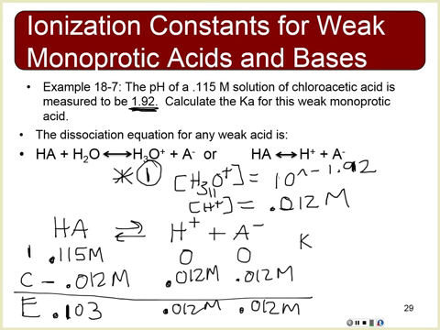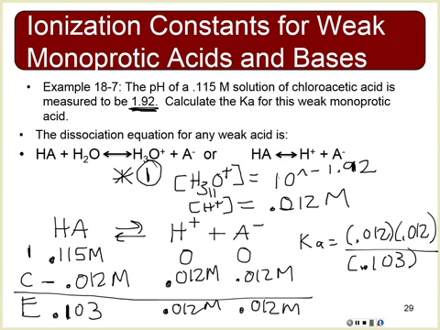It asked us to find the Ka. So we take our products, and they're raised to the first power, because everything's a 1-to-1. And our Ka is 1.4 times 10 to the negative 3.